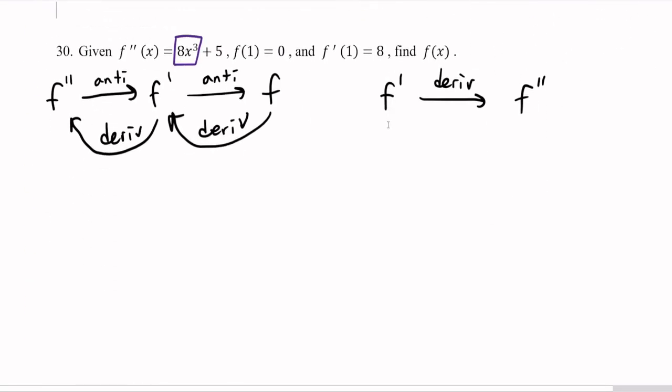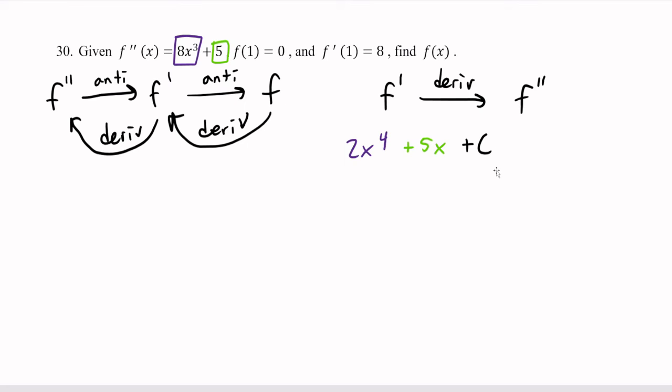So we're going to do a little cheat code here, right? And we're going to say that we just automatically know this first one is 2x to the 4th. Take its derivative, you're going to get this. And then plus 5, well, we already saw what happens with a constant, right? With the plus 3 earlier, that's just going to be plus 5x, okay? And then don't forget, we're doing the general antiderivative. That's plus c. So this is our f prime.